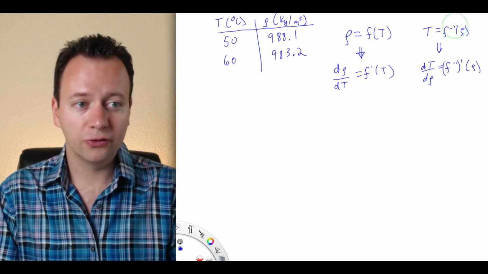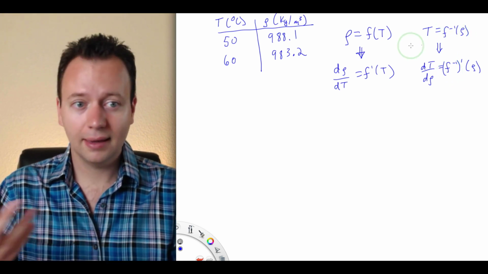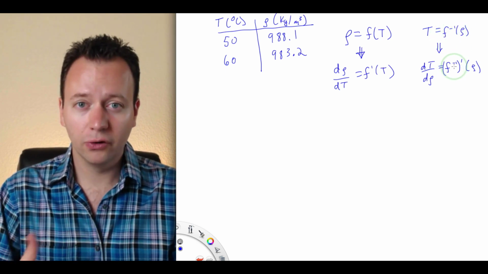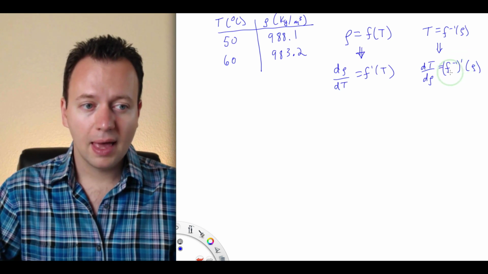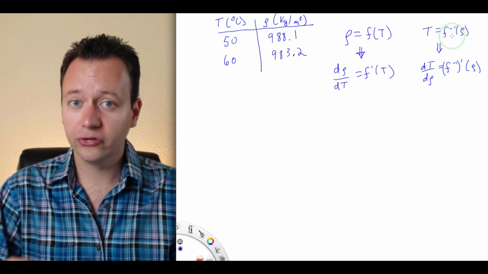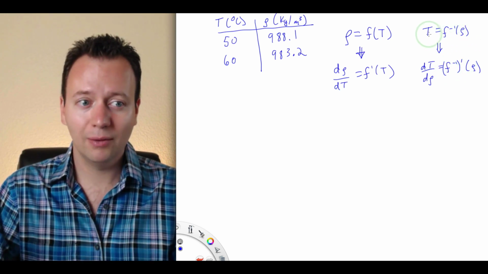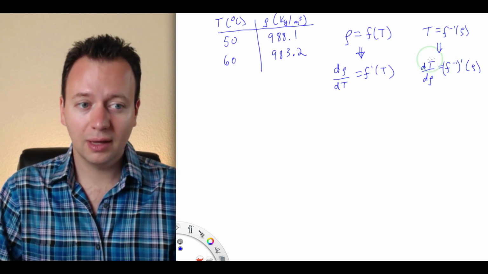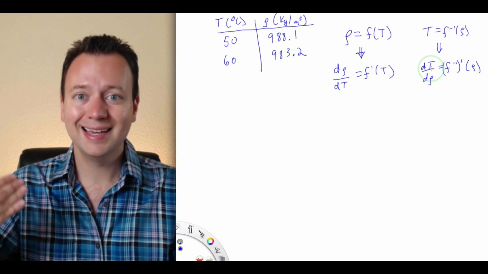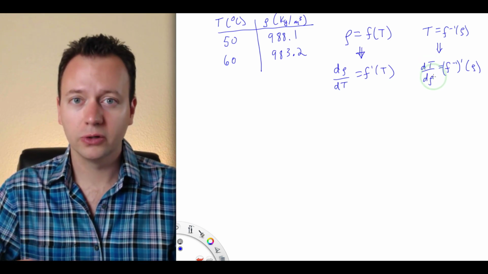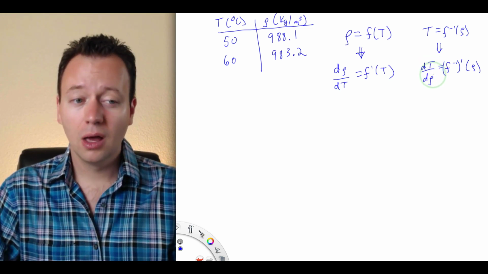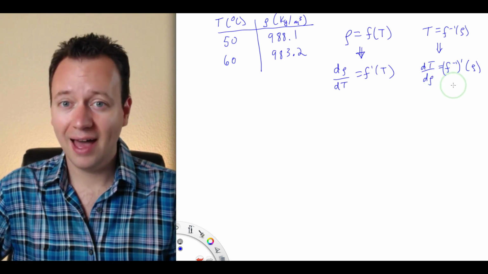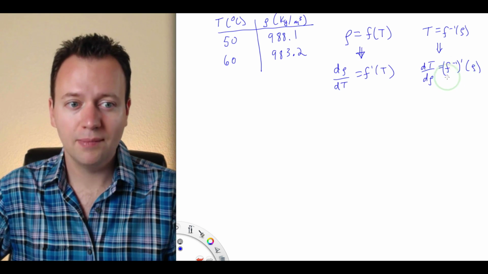Since like any other function we can differentiate it, the derivative will be f inverse prime. And since f inverse takes rho as an input and returns t as an output, the derivative of f inverse will give a differential change in t divided by a differential change in rho. So it's the rate of change of temperature per change in density. So that's what f inverse prime measures.